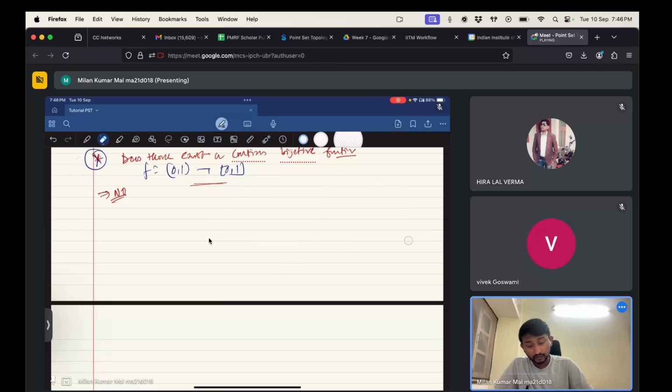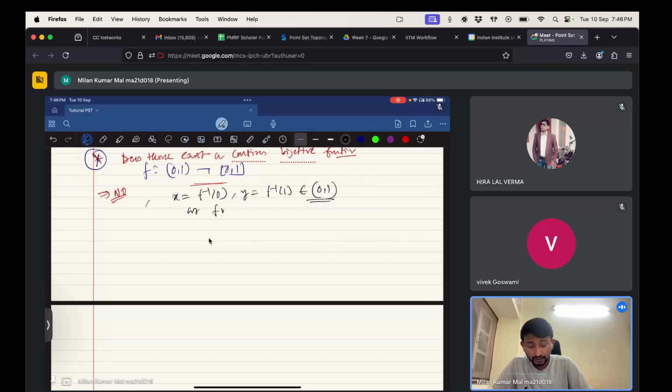Suppose x equals f inverse of 0, which is a point, and y equals f inverse of 1. This is a point in the open interval (0, 1).